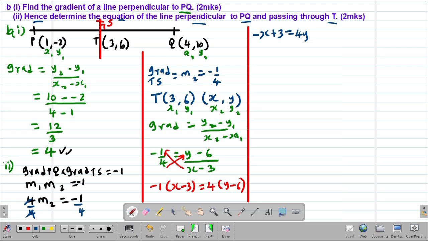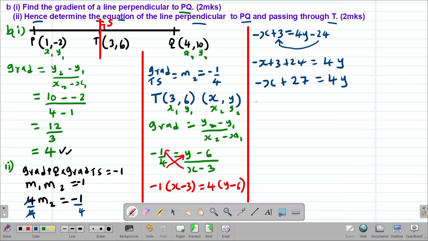Then 4 times -6, I'll get -24. On collecting the like terms, I'll take this one towards this side, so that I end up with -x, then +3, then +24 being equal to +4y. So this will give me -x, plus 3 plus 24, I get 27 being equal to 4y.